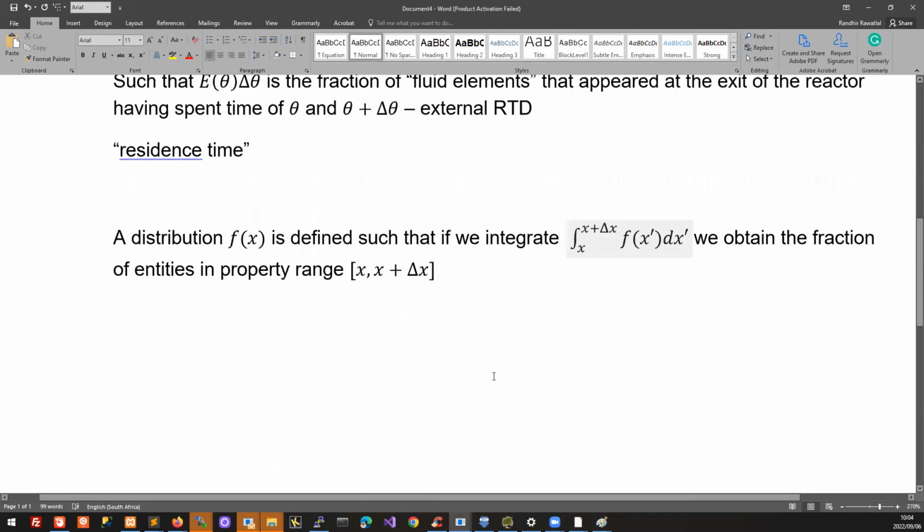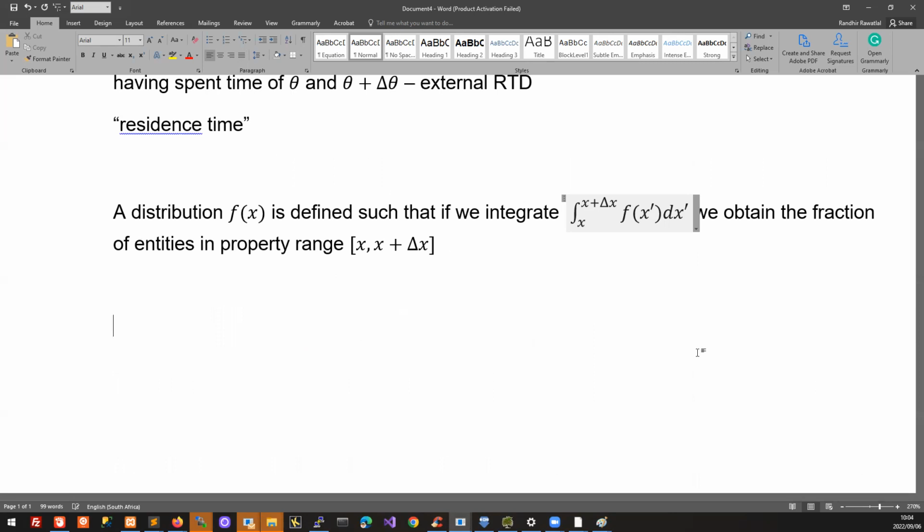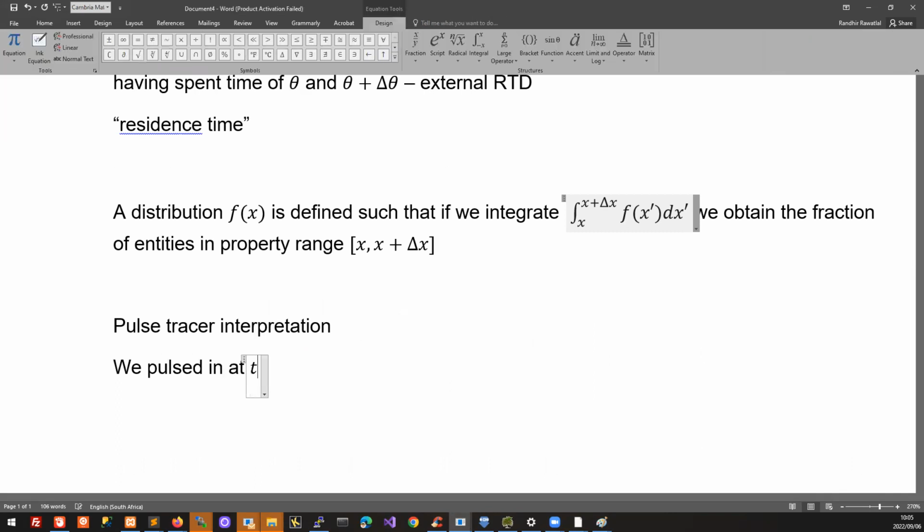Here, pulse tracer interpretation. We pulse in at T0.